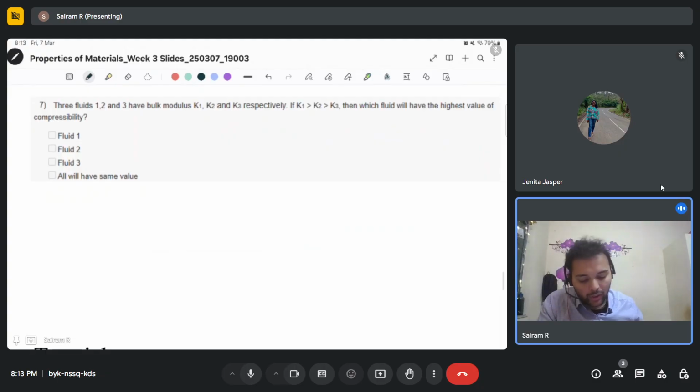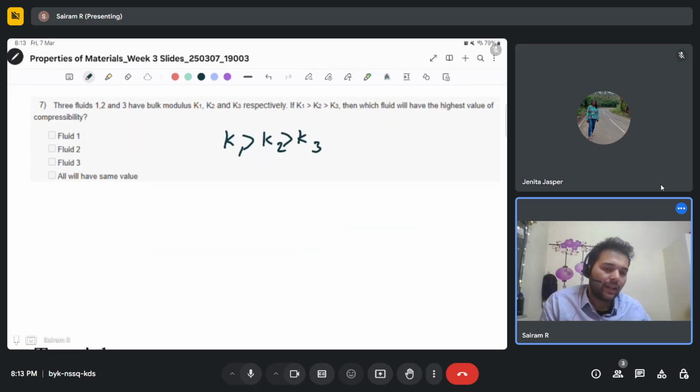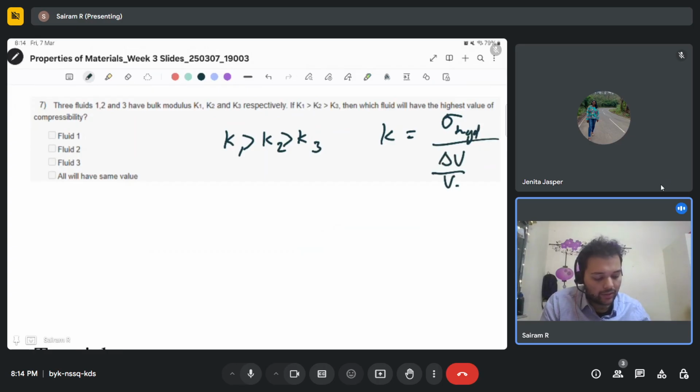Three fluids 1, 2, and 3 have bulk modulus K1, K2, K3. If K1 is greater than K2 is greater than K3, which fluid will have the highest value of compressibility? Following the same principle, K is sigma hydrostatic by del V by V naught.